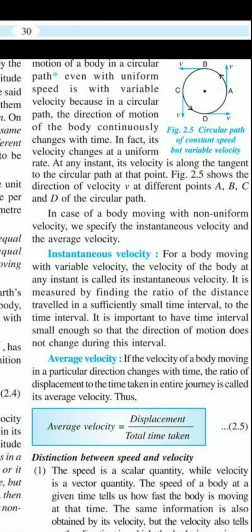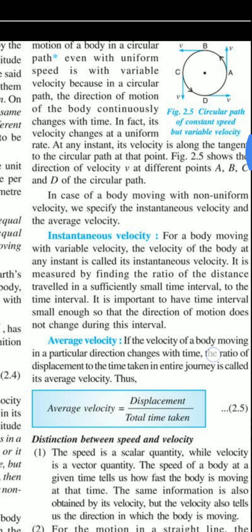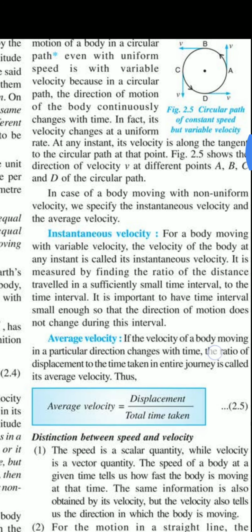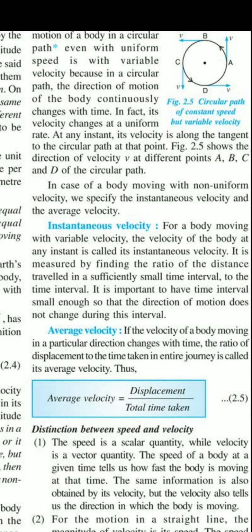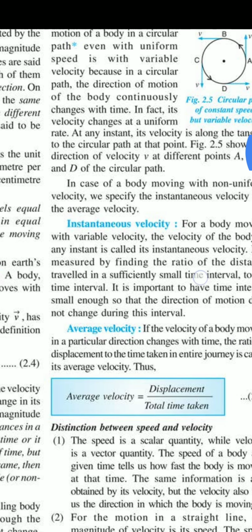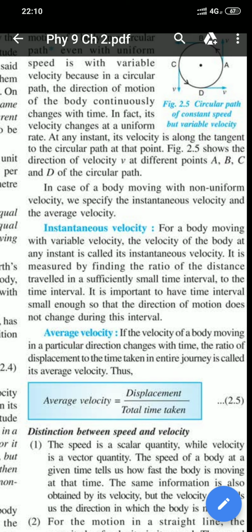So instantaneous velocity is the velocity at a particular instant. You can see here it is measured by finding the ratio of the distance traveled in a sufficiently small time to the time interval.